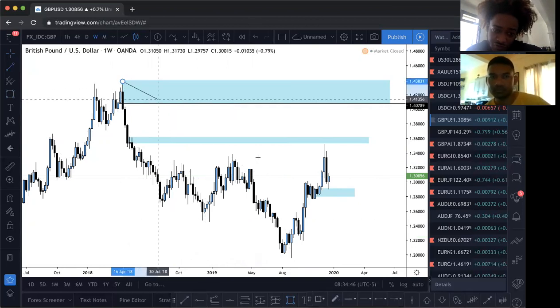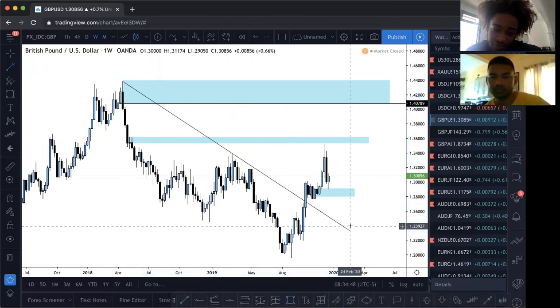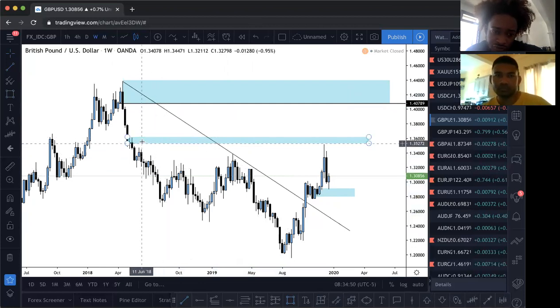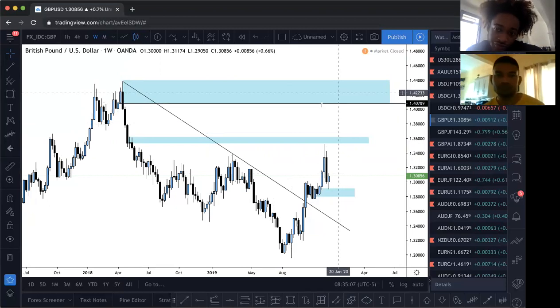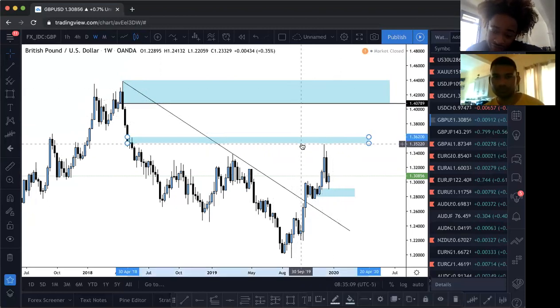Because this trend line is broken. The CP zone is within this trend line. So the trend line is broken, then we can expect the CP zone to not be valid, so we can expect it to be removed. So we will expect the market to push past that as well, right? And then retrace up to the higher time frame zone.